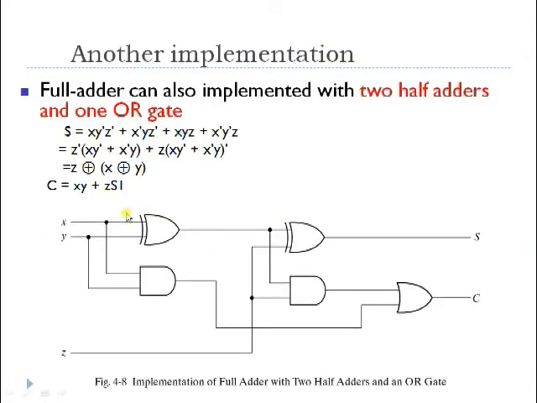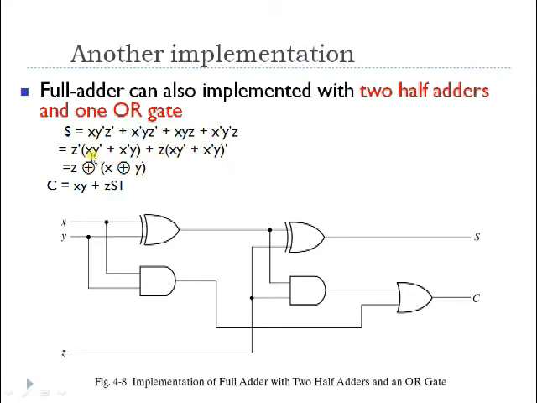This is another implementation of the full adder, where it is implemented using 2 half adder circuits along with 1 OR gate. If you look at the sum function, we have got this sum function. In these 2 minterms, I took z bar common, then I'll get x y bar plus x bar y, plus, out of these 2 minterms I took z common, therefore I'll get this.